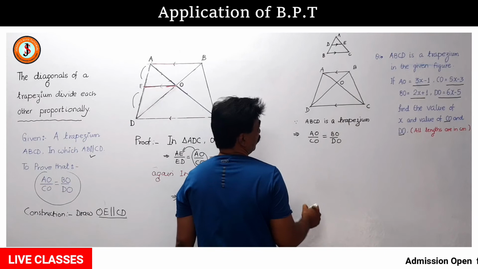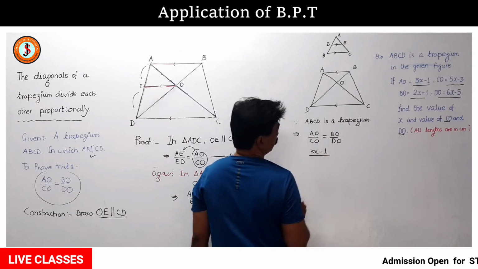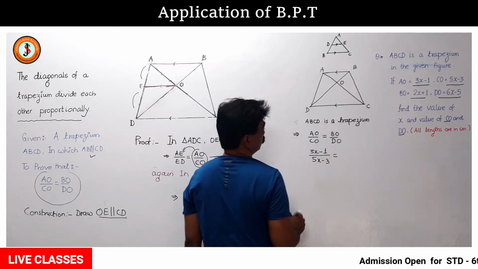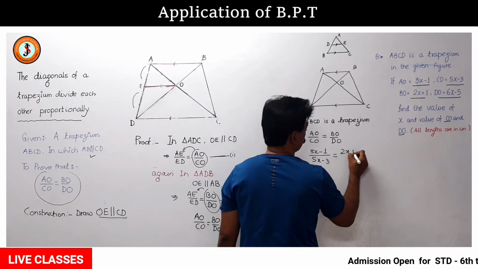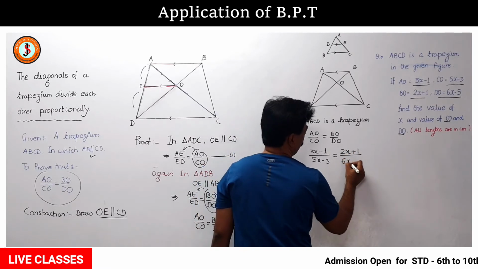So just place in the values: 3x minus 1 divided by 5x minus 3 is equal to 2x plus 1 divided by 6x minus 5.